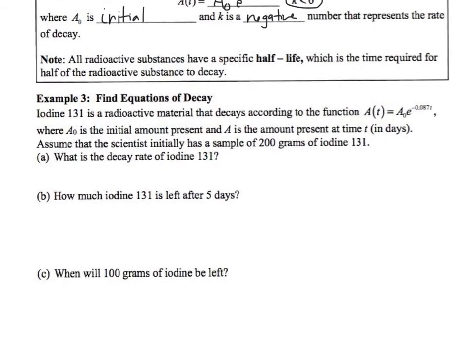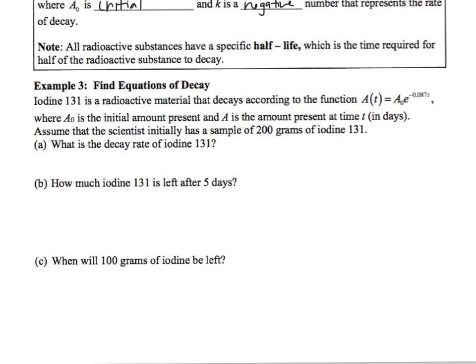So we have a problem where the equation is given. It says iodine 131 is a radioactive material and decays according to the function A of t equals A sub 0 e to the negative, and there's your negative, 0.087 t, where A0 is the initial amount present, A is the amount at time t, and t is the time in days.